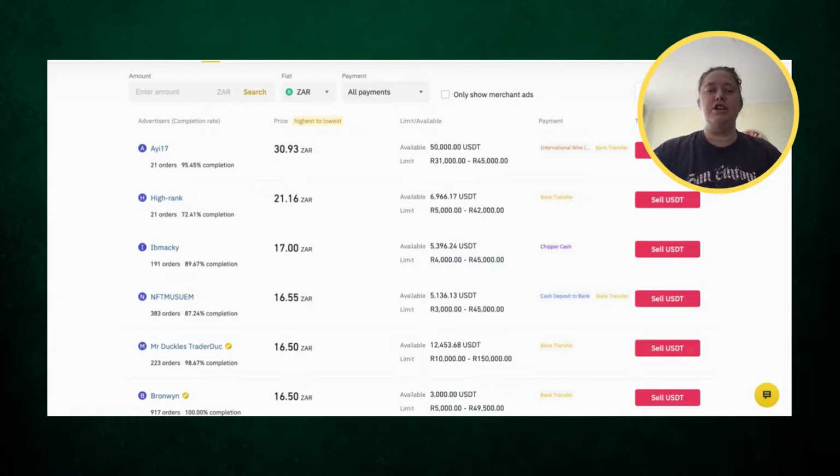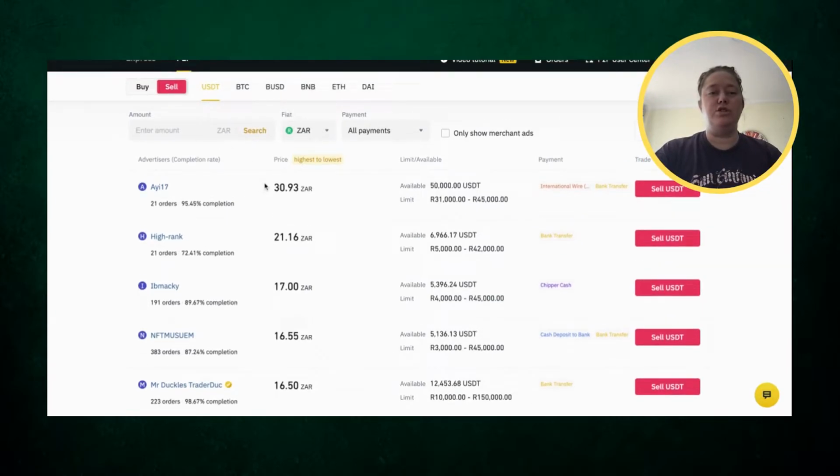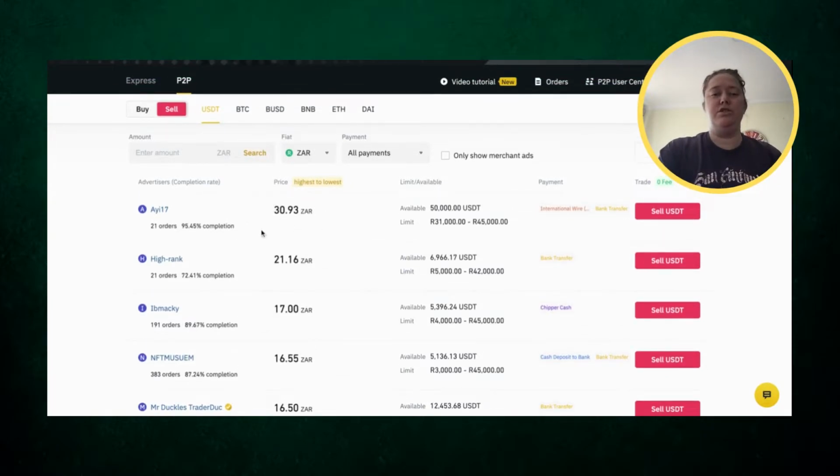Let's say you have about $10,000 worth of USDT that you would like to sell, or maybe you've got over 45,000 Rand that you would like to move. You've actually got bulk dealers that will buy it from you that day for up to 30 Rand and 93 cents. These come along every now and then. So maybe just keep the money there until you are ready to sell a big amount. That is a huge difference between 17 and all the way to 30 Rand.